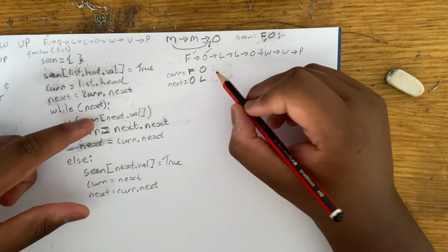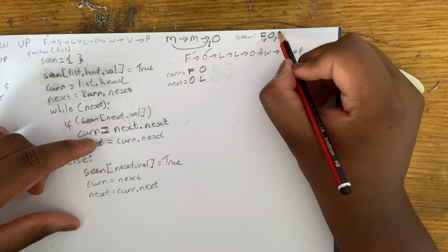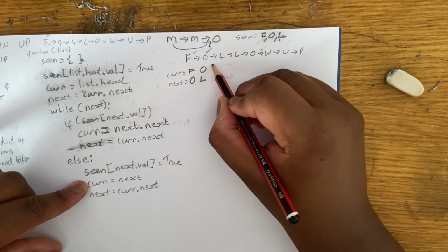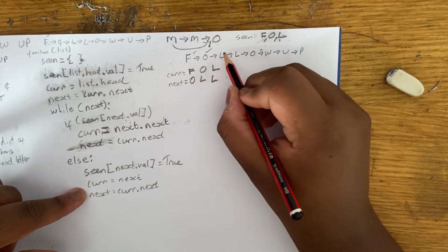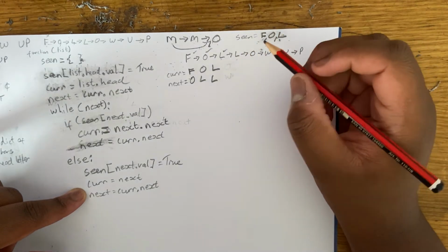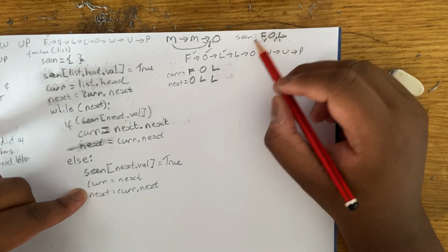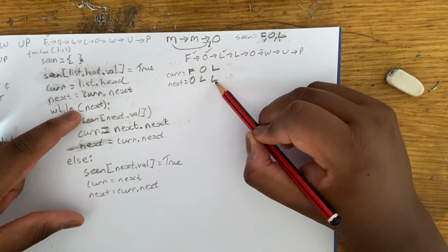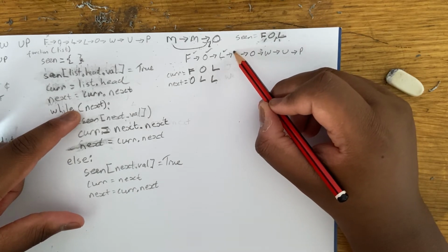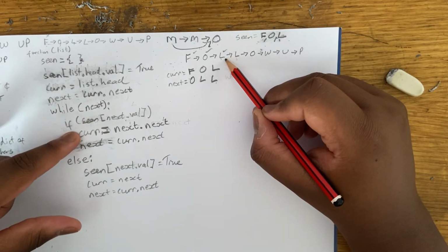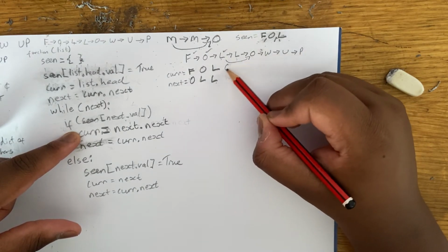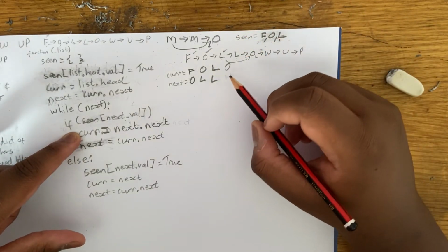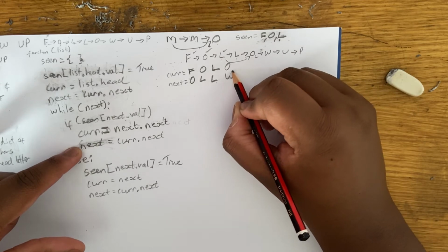Have we seen an L? No. So we add our L here, and then the current is the L, and the next is this L. Okay, that's that. Now we come up to this L. Then the next we said is L, and we have seen it. So that means current is next dot next, so that will be this O, and then the next would be W. All right?